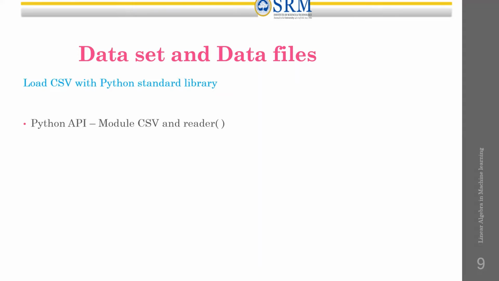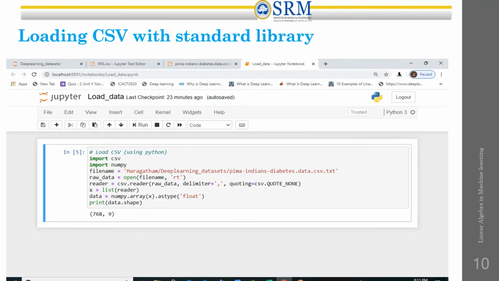Let us discuss how to load a CSV file with Python's standard library. The Python API provides the module csv and the reader function that can be used to load the CSV files. Once loaded, you convert the CSV data to a NumPy array and you can use it in machine learning. For that, the file has to be opened in rt mode. rt is nothing but read text mode.